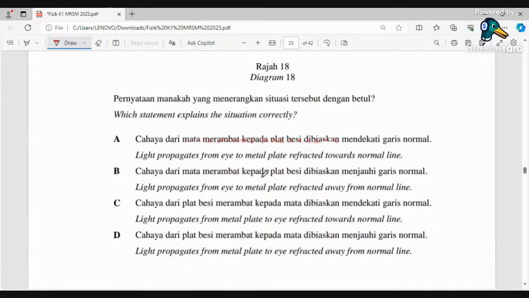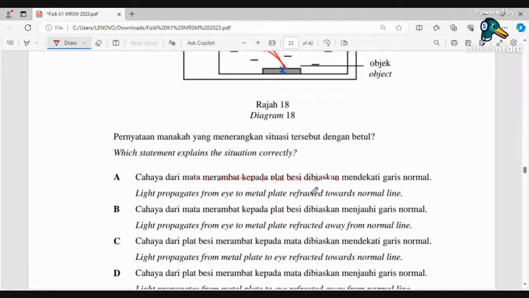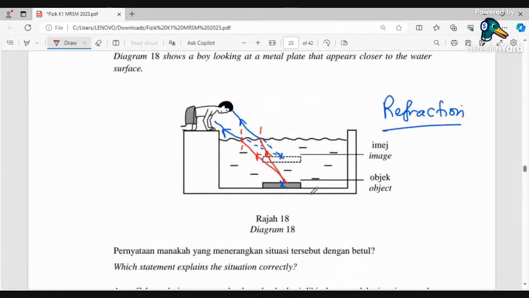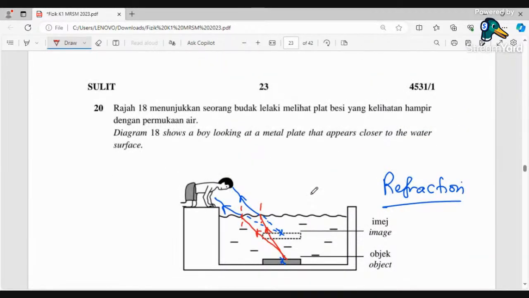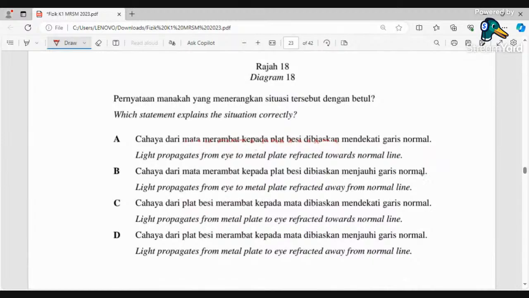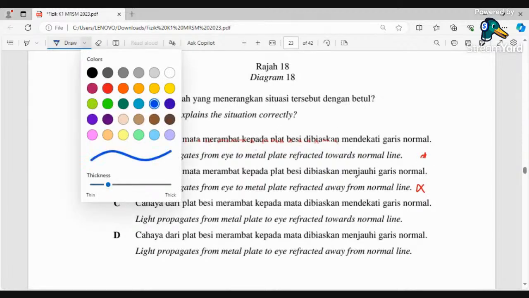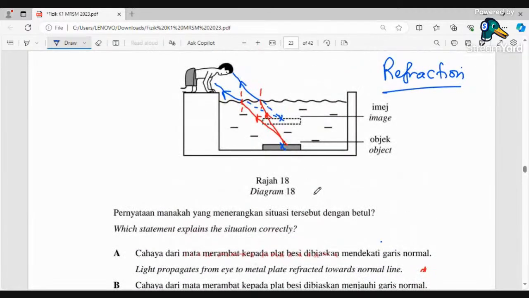Light propagates from eye to metal plate. No, it's not eye from metal. It's the metal plate to the eye. Light propagates from eye to metal plate, refracted away from normal. Okay, kalau light from the metal plates ini angle I, ini angle R. So refract away from normal.